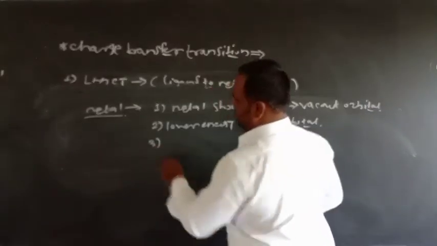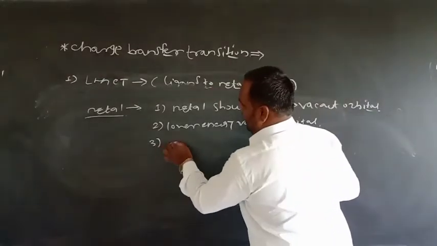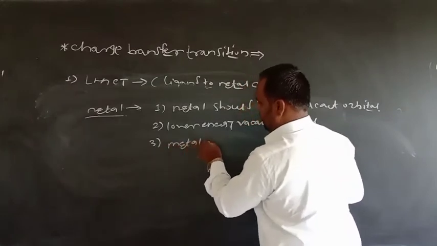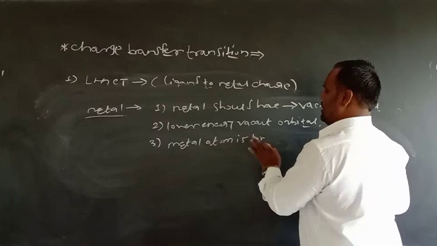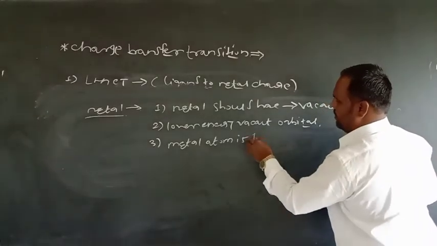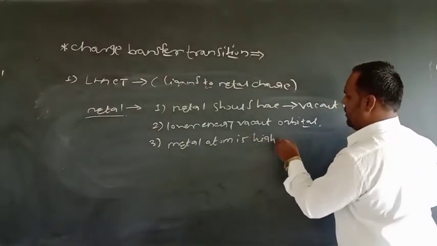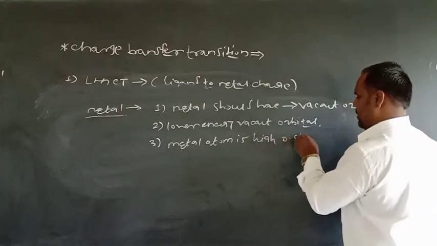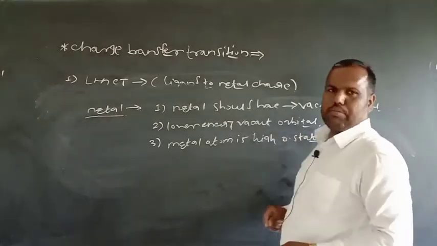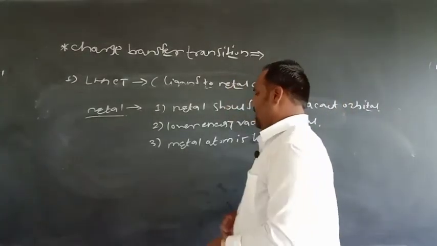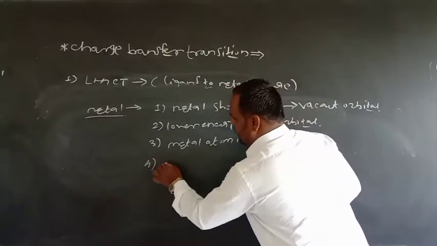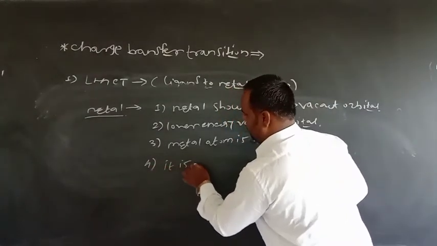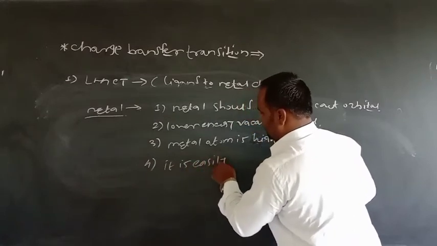Third, the metal atom is in a high oxidation state. And the fourth important characteristic is that it is easily reducible.